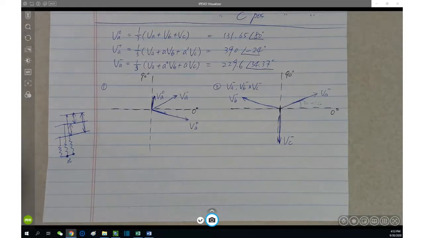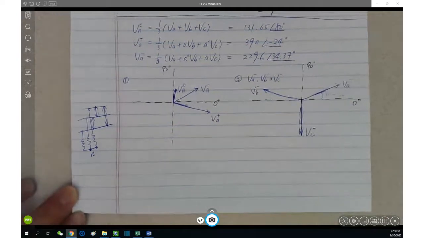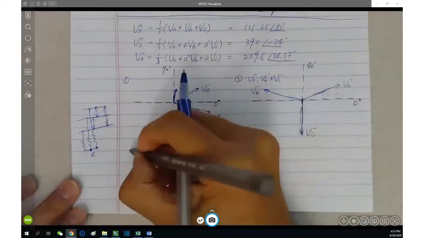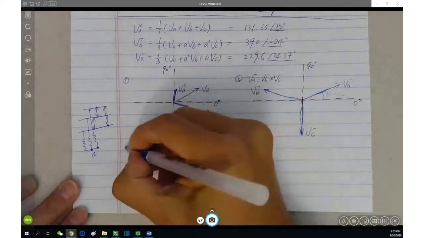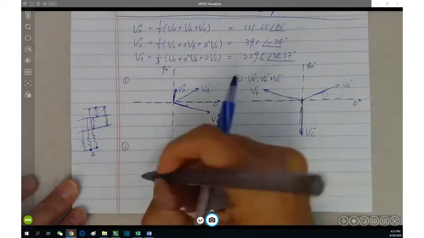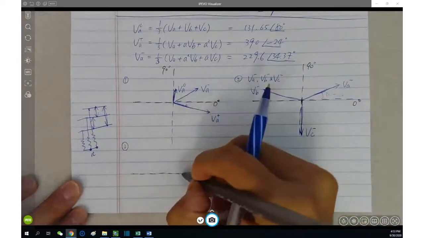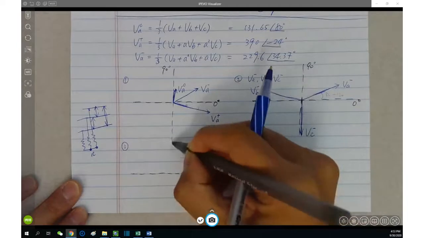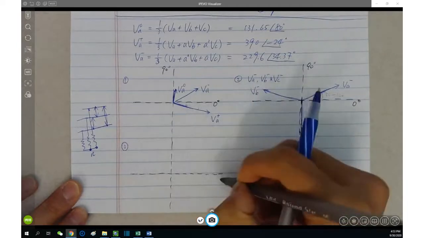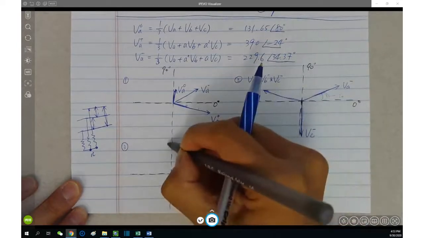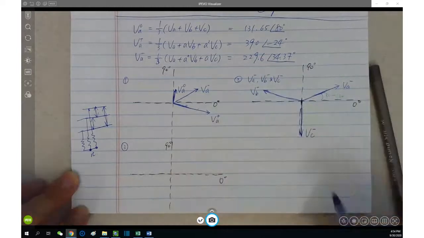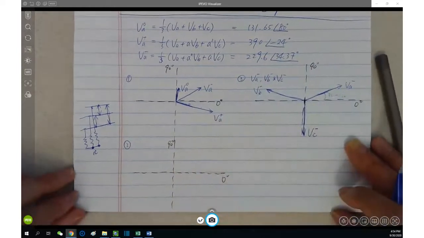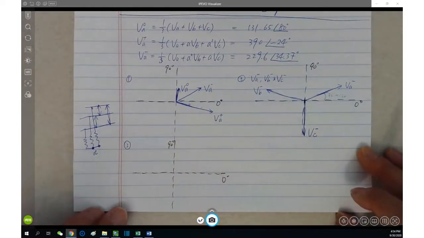All right, let's go further. The third one is asking for the phase A negative sequence component.